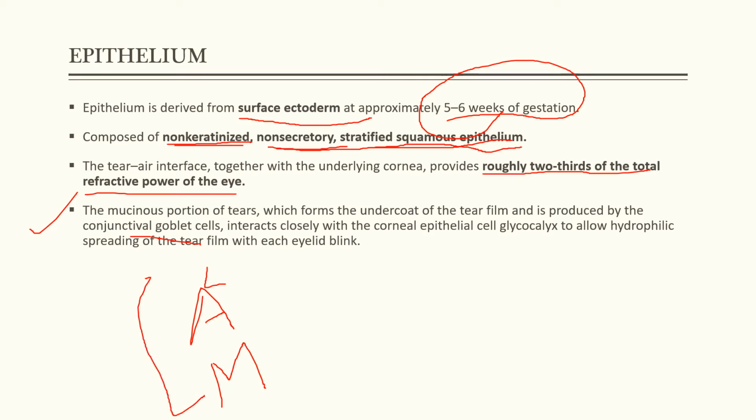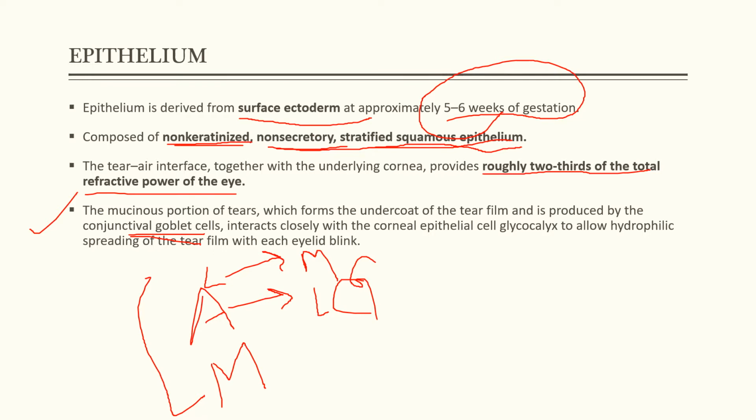So this mucinous part is produced by the conjunctival goblet cells. This aqueous part is produced by the lacrimal gland. This lipid part is produced by the meibomian gland.